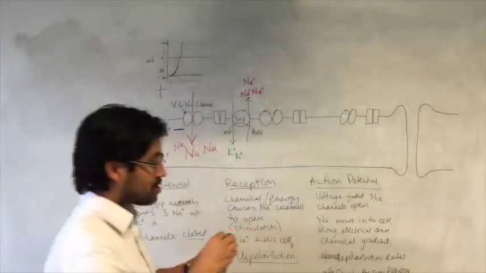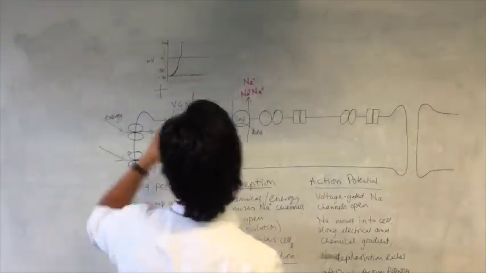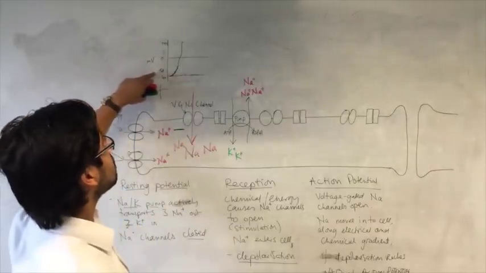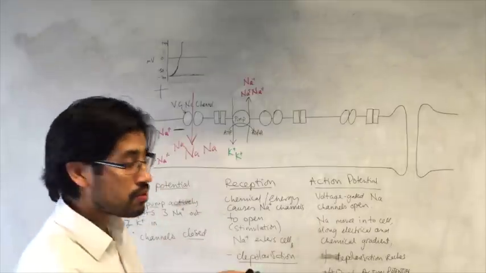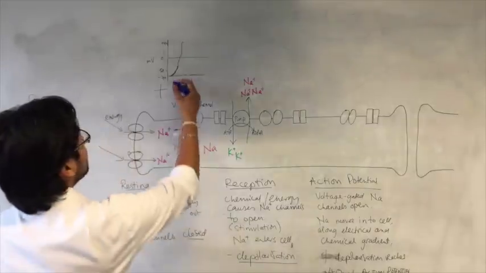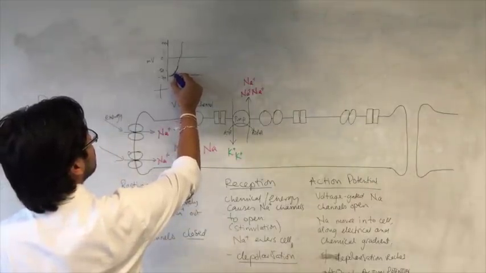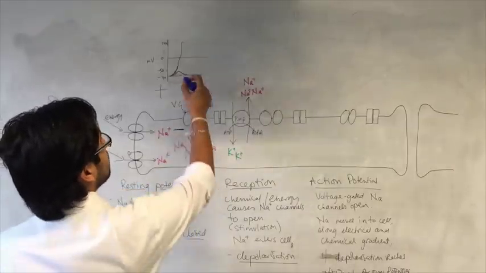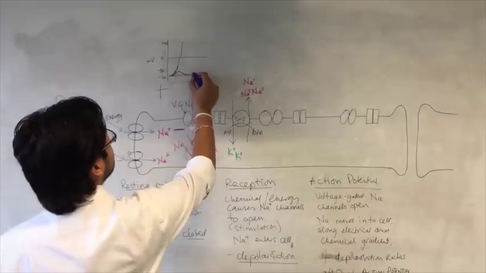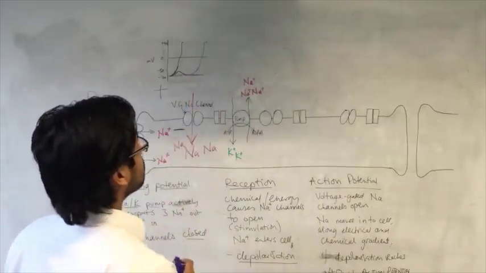You will always get a proper action potential if you reach minus 50 millivolts depolarization. For example, if we had a little bit of stimulation but it didn't get to minus 50, it will just go back down to the resting potential again. But if we got a proper stimulation and it reached minus 50, then it would develop into an action potential.